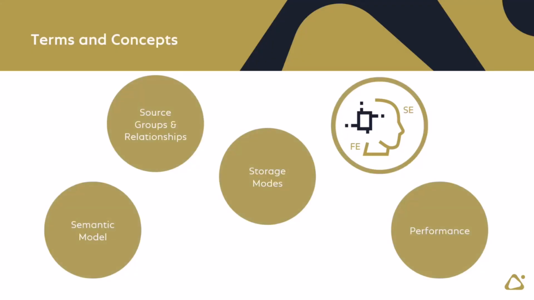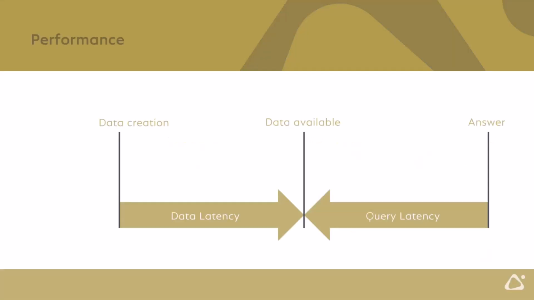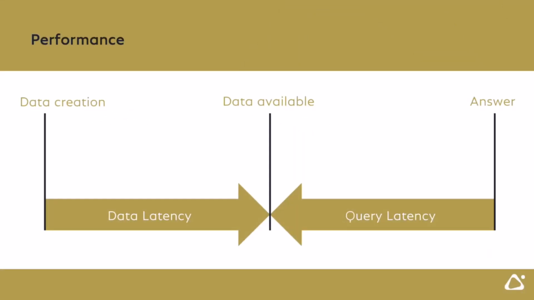Which brings us to the next topic right away, performance. When we talk about performance, we should distinguish between data latency and query latency. Query latency describes the period it takes until a user gets a response to a request.